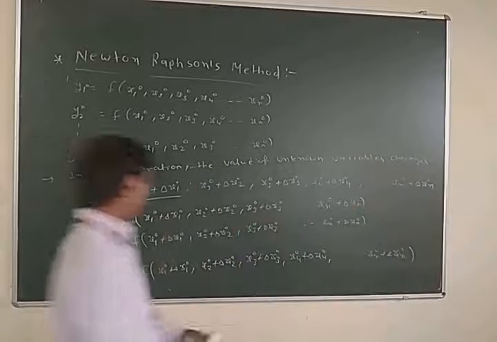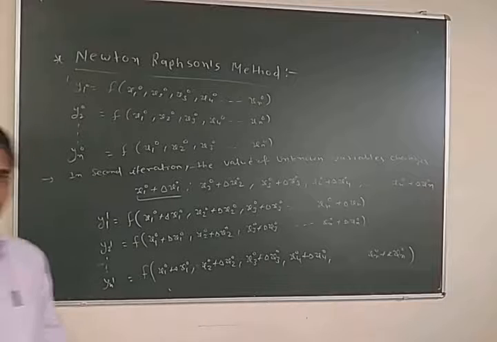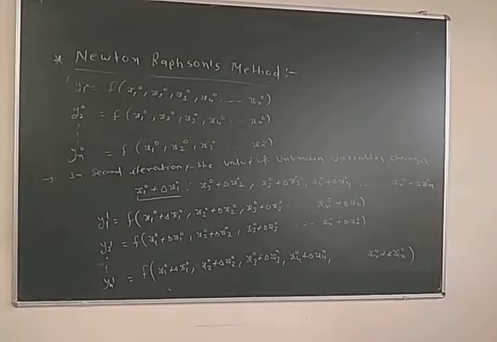In this way, new equations are y11, y21, y31 and yn1. Now we expand the equations using Taylor form. Then we can find new equations.